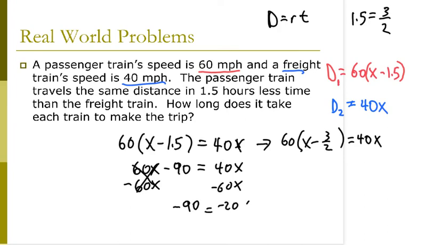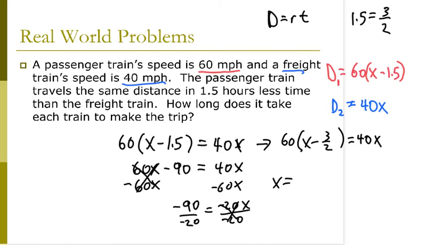We divide both sides by negative 20, and we end up with x equals 90 over 20, which we can reduce to 9 over 2.